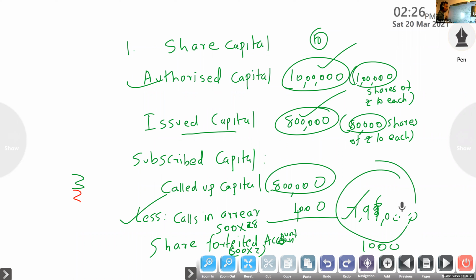Okay, so now you don't need to study this much. You looked at authorized capital, issued capital, then called up capital, which is also related to share capital. Called up capital, subscribed capital, then calls in arrear, share forfeited account.